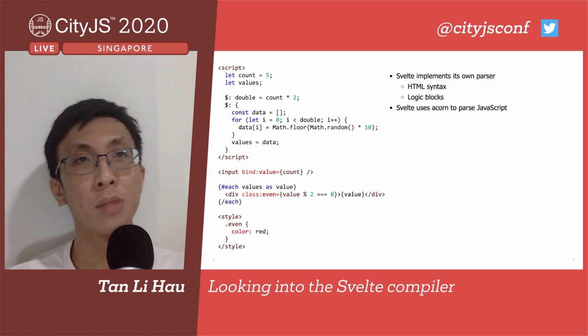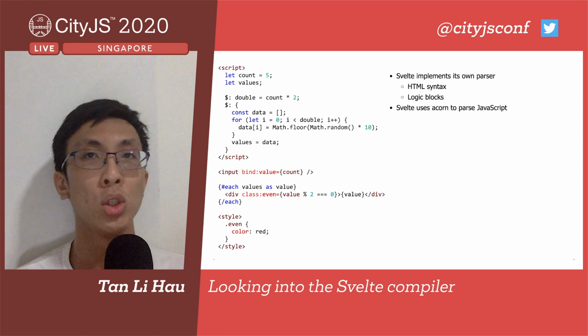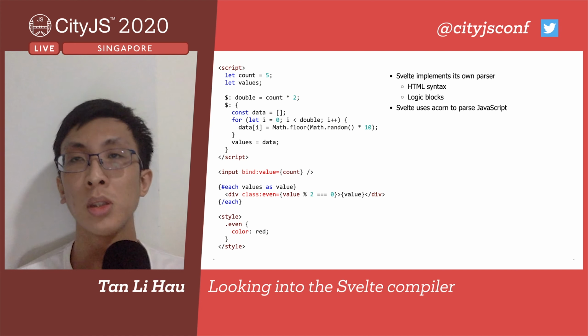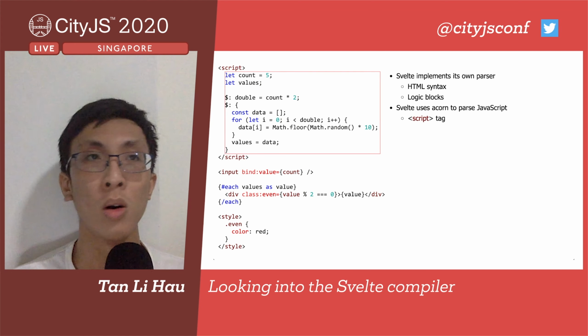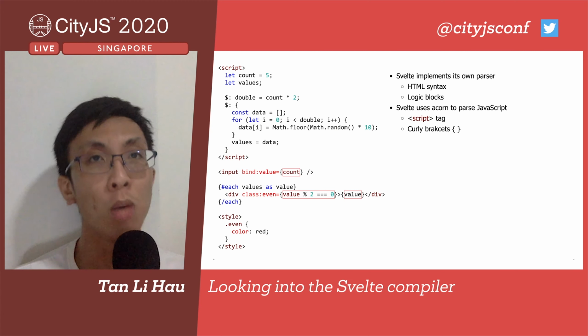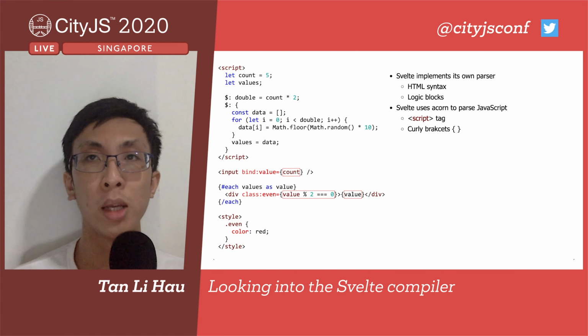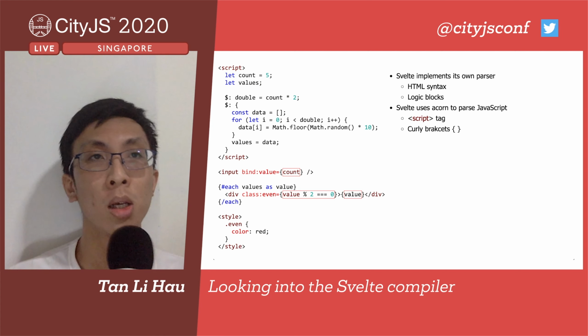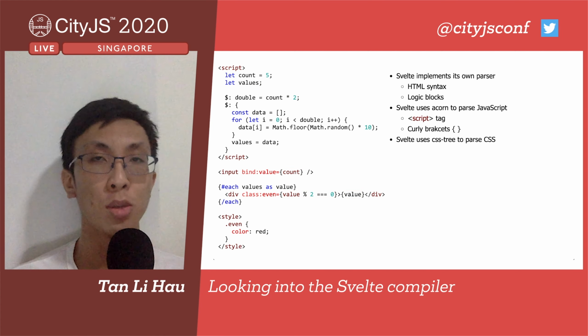Because JavaScript is a fairly complex language, whenever Svelte encounters a script tag or curly brackets, it will hand it over to Acorn, a lightweight JavaScript parser, to parse the JS content. The same goes for CSS as well.